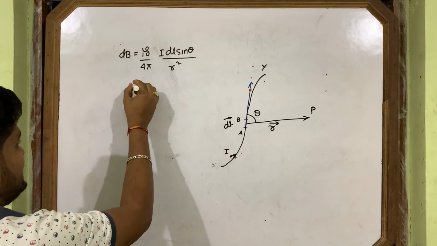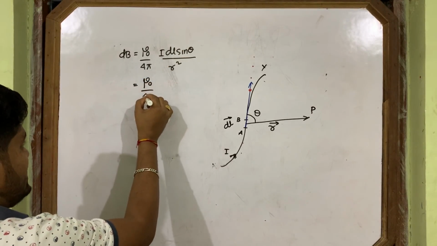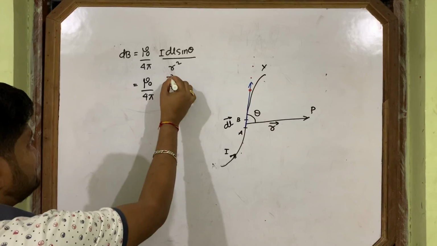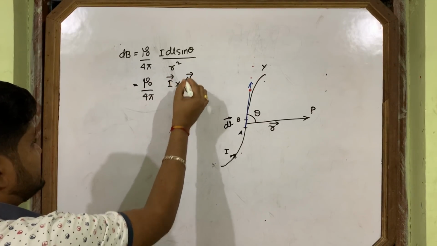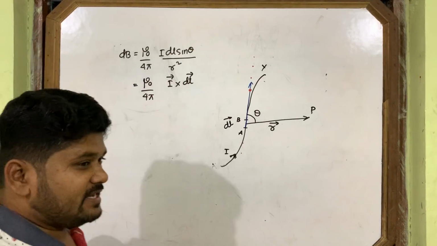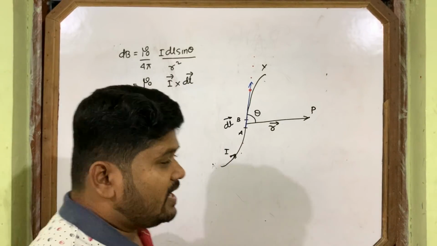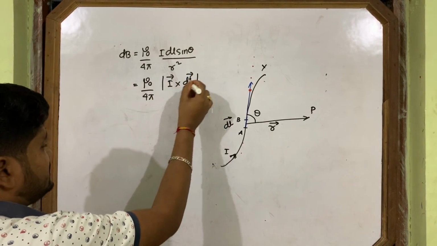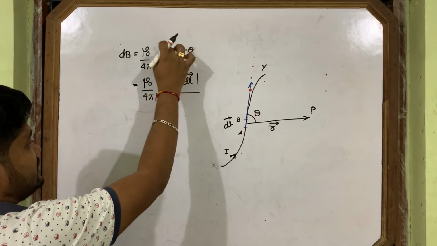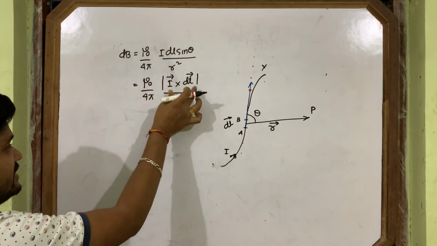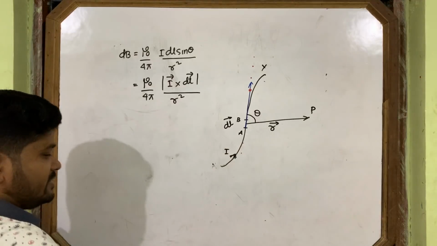As sin theta is there, can I write this as I vector cross dl vector? As sin theta is there, it will be a cross product, and I take the mod because no vector is there now, divided by r square.